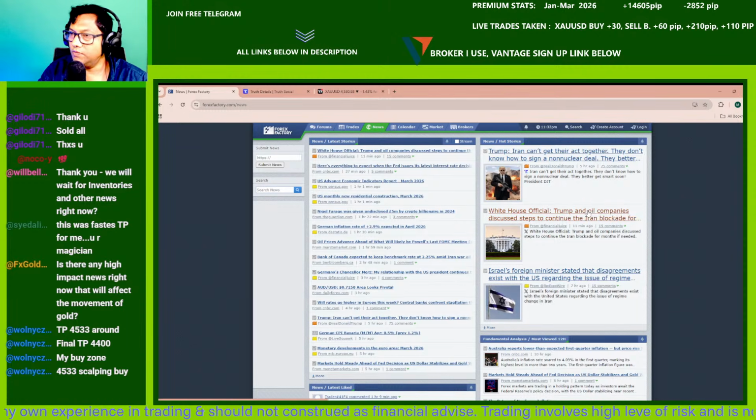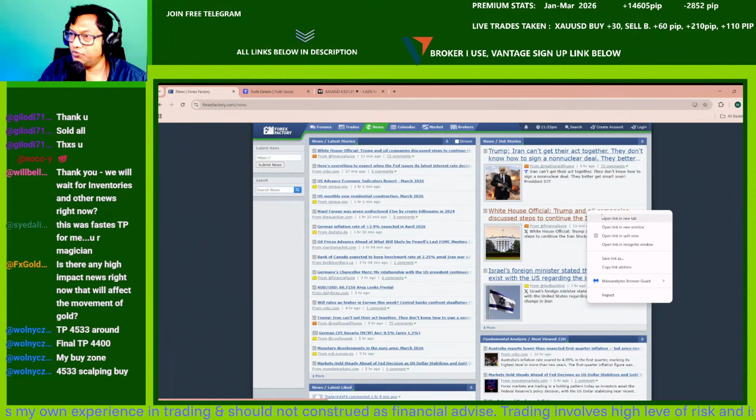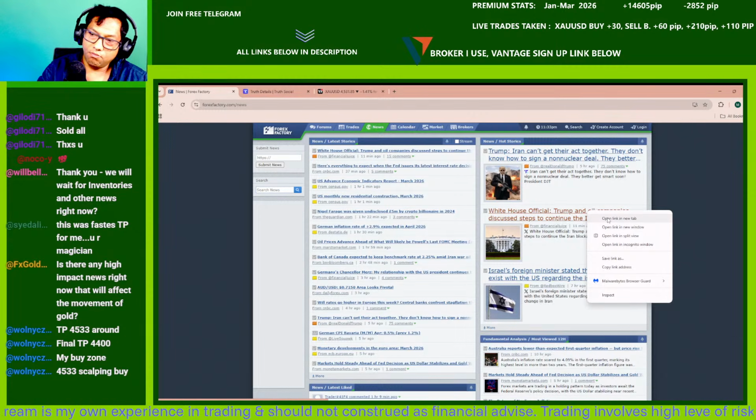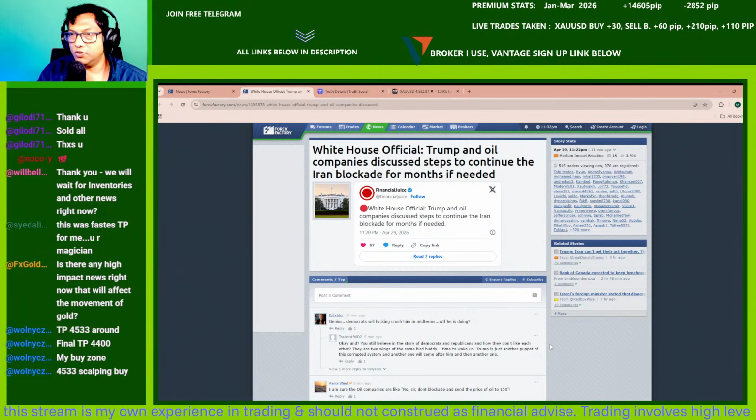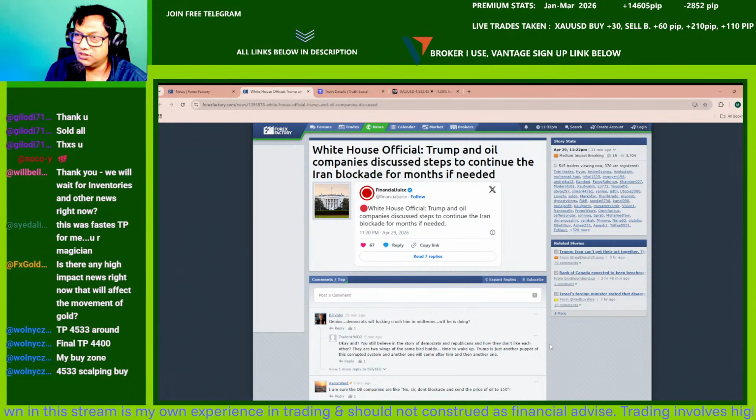So I think 11 minutes ago there was an orange folder news, which is just below the red folder. What it says: White House officials, Trump and oil companies discussed steps to continue the Iran blockade for months if needed.